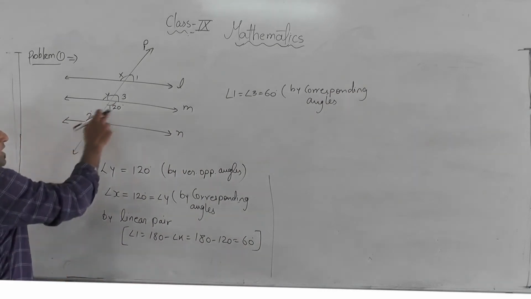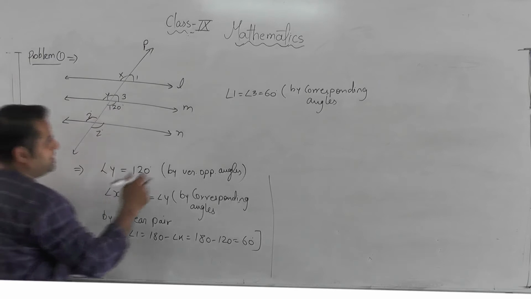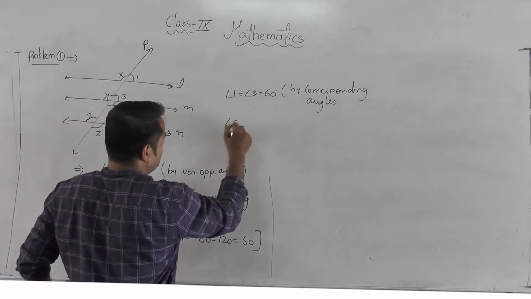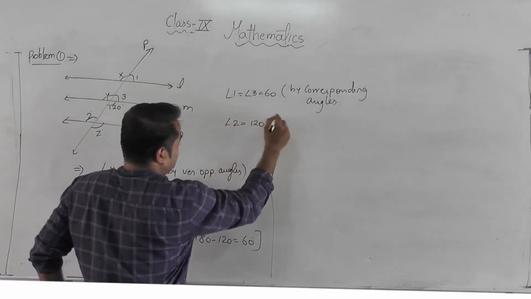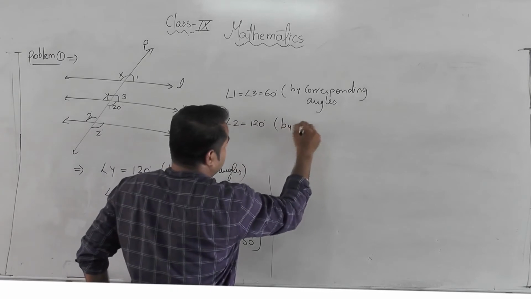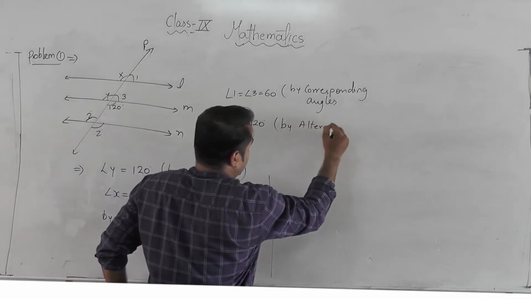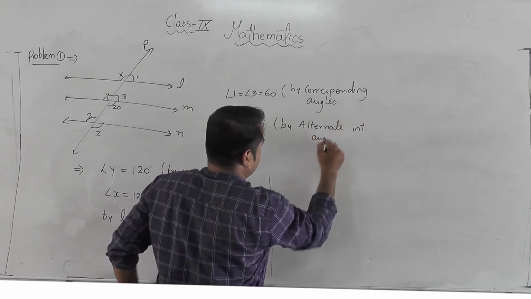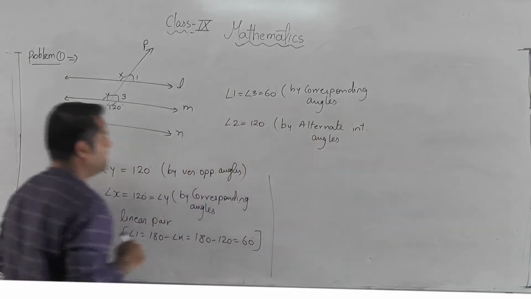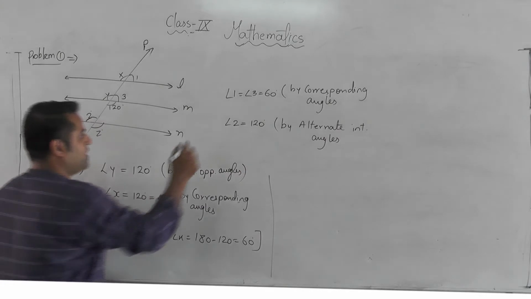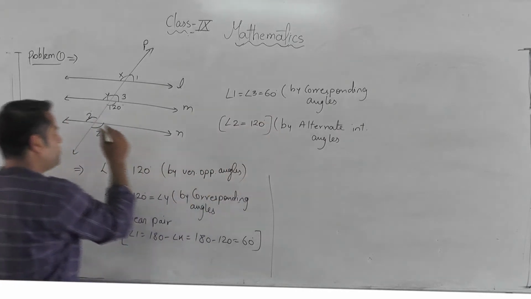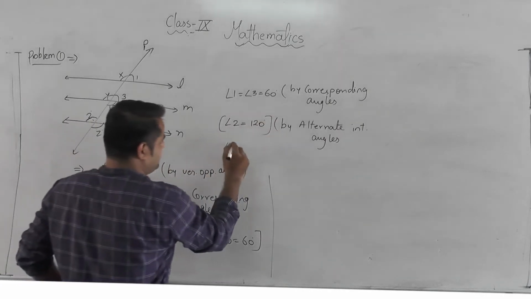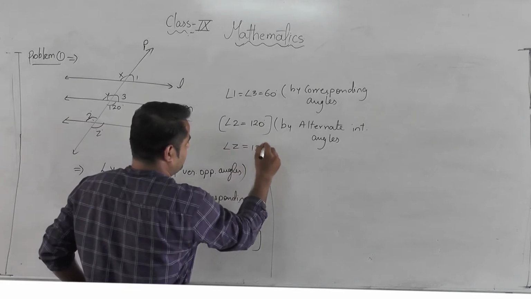As you can see, these two angles and 120 are alternate interior angles. So you can write angle 2 is equal to 120 by the alternate interior angle property. Now 2 and z are vertically opposite, so z is also equal to 120.